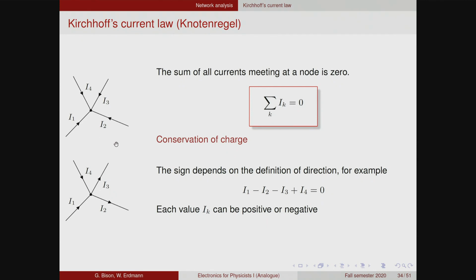Important is that we have to have a consistent sign convention. So in this example, all currents are counted as positive if they go into the node. And then this simple formula is valid: some of the currents can be positive and others have to be negative in order to balance out the sum to 0.